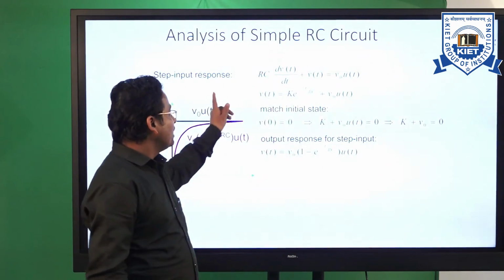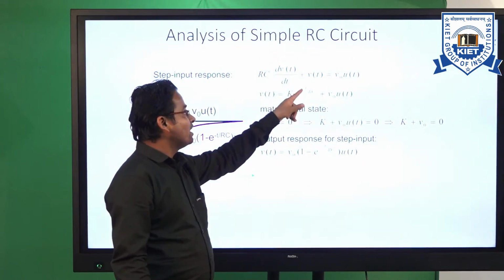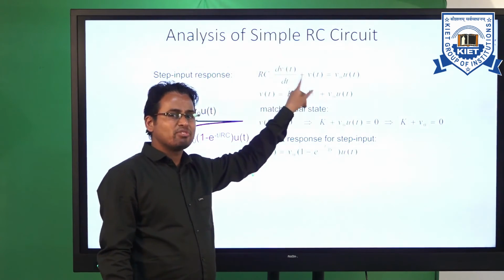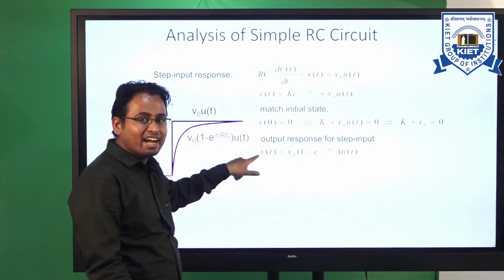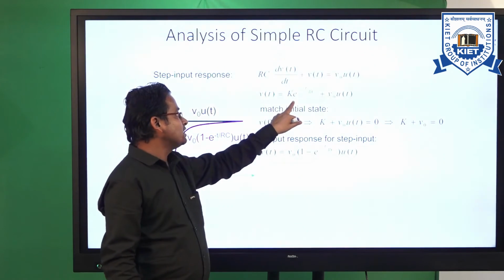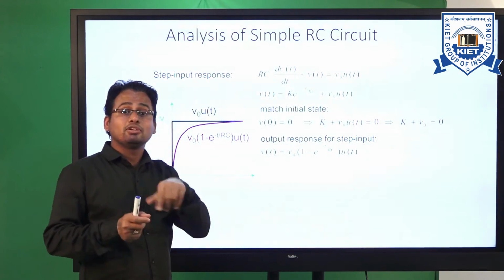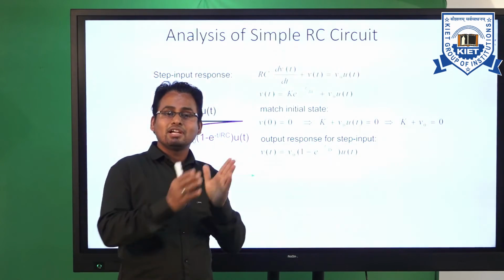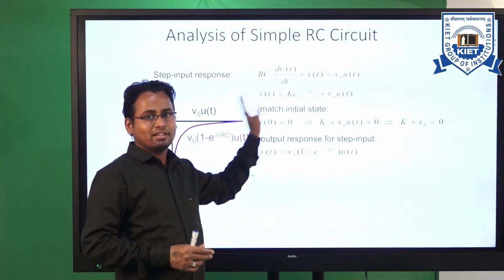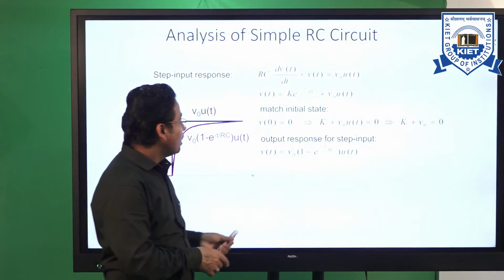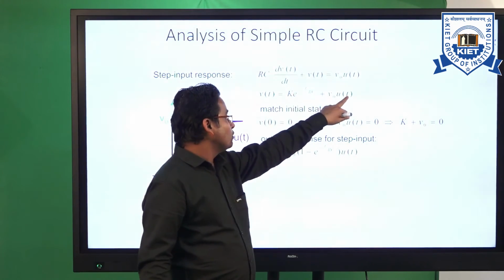Again apply all these parameters and simplify, take the solution of this particular differential equation, then we will get v(t) equal to K times e raised to the power minus t upon RC. That is a simple analysis. I think everyone read in the network analysis subject how we get this. Clear? Now, it will be plus V naught u(t).